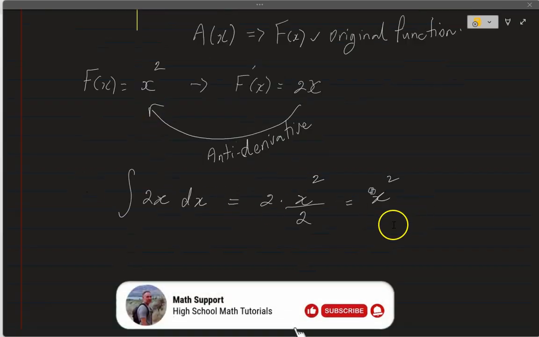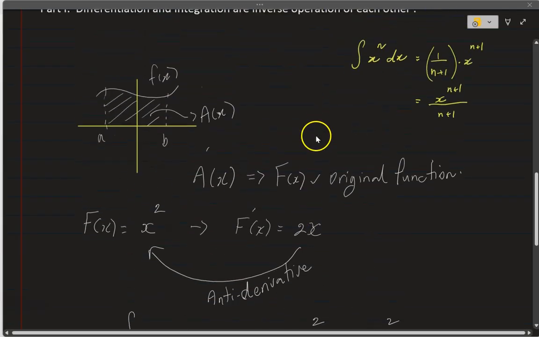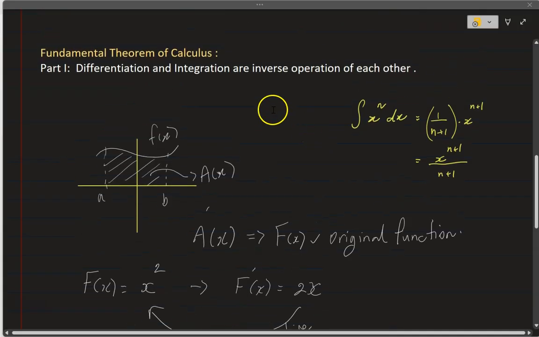And so we say that x squared is the antiderivative of 2x. So basically, integration and differentiation are inverse operations of each other.